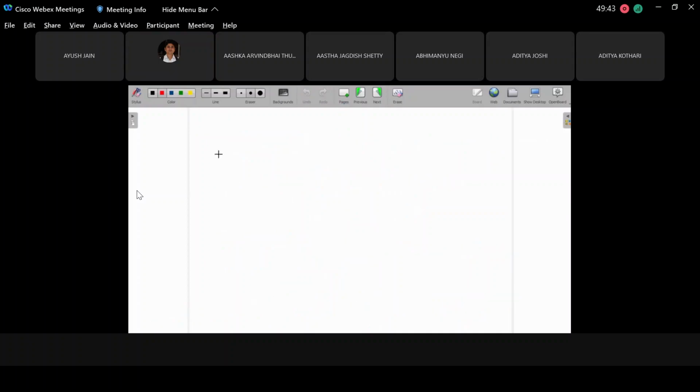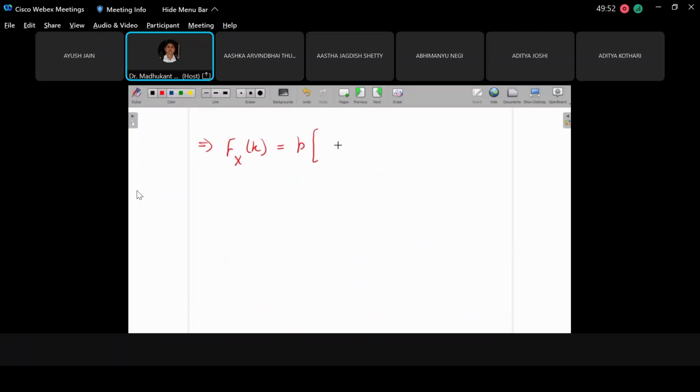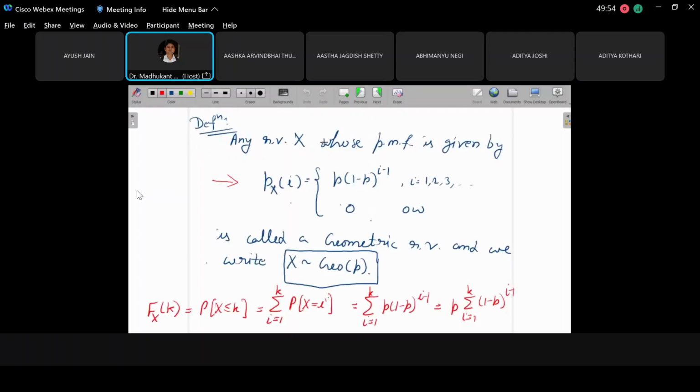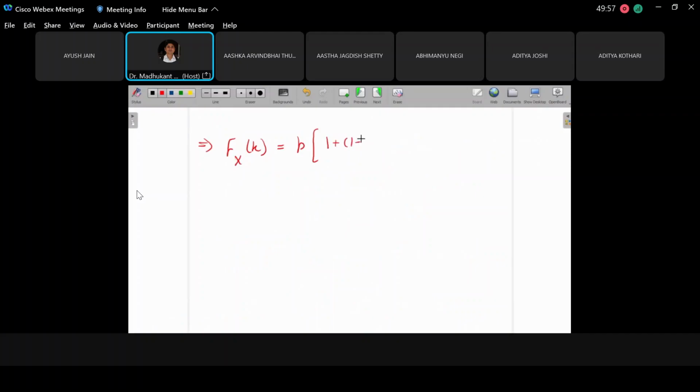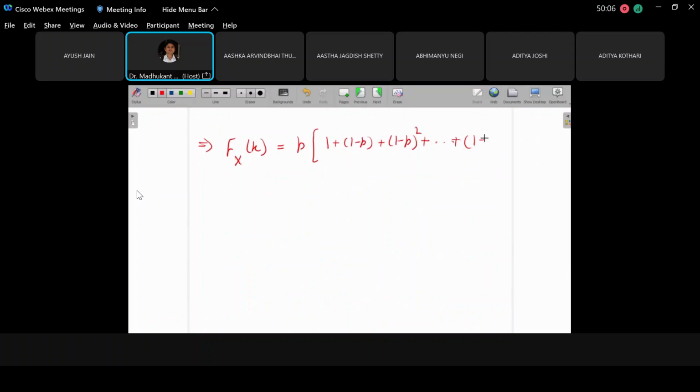So this implies F_X of k is equal to p times (1 plus (1 minus p) plus (1 minus p) squared and so on plus (1 minus p) to the power k minus 1). So this is a geometric series like 1 plus r plus r squared and so on plus r to the power k minus 1.